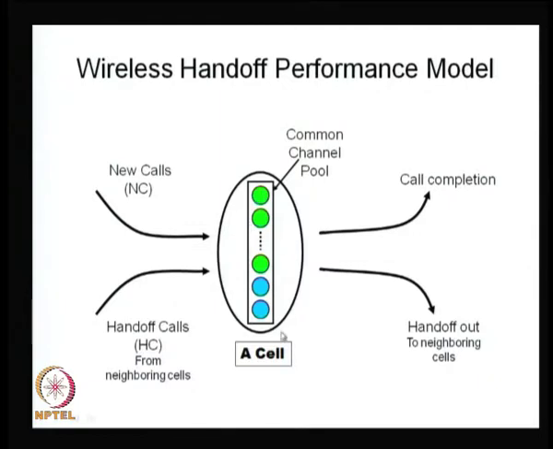Suppose we assume that we have a finite number of channels in one cell, say some finite quantity capital N. Whenever a call originates, it takes one channel from the cell, the call continues for a random amount of time, and once the call is completed, the channel is released.